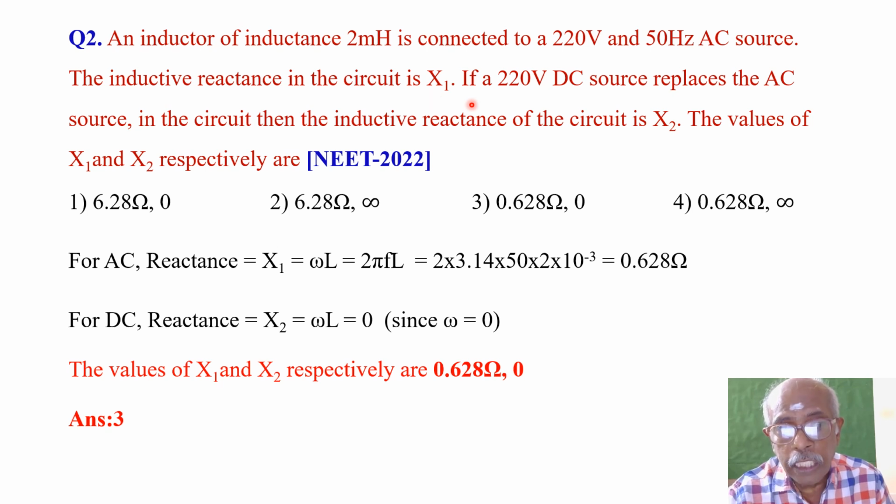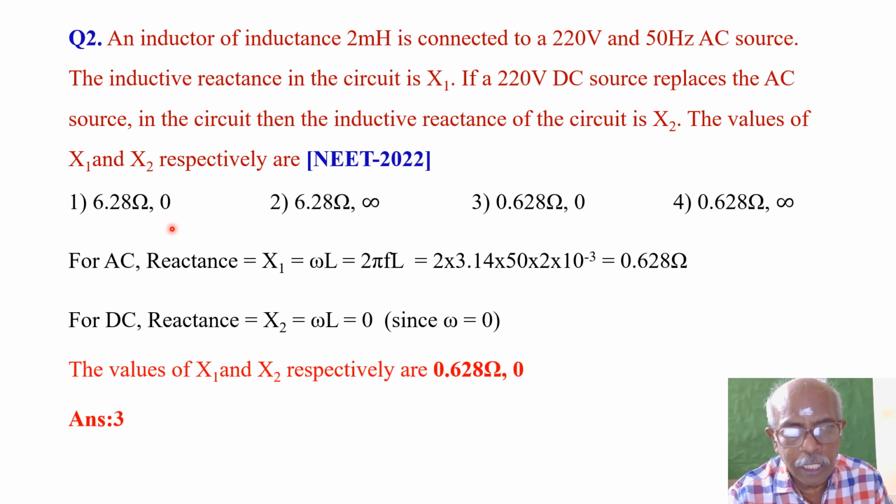Okay? If a 220 volt, the same voltage, DC source replaces the AC source, then in the circuit the new inductive reactance is X2. The values of X1 and X2 respectively are? You are given 4 options: 6.28 ohm, 0.